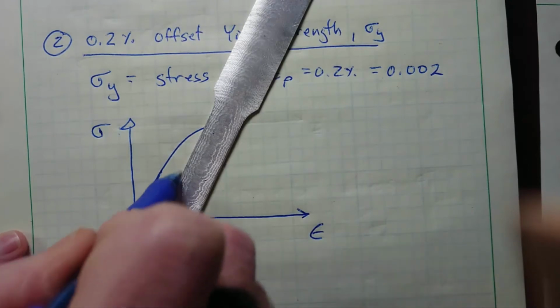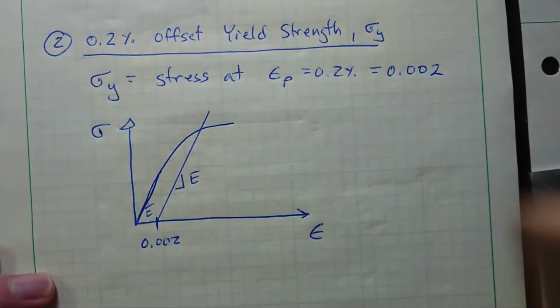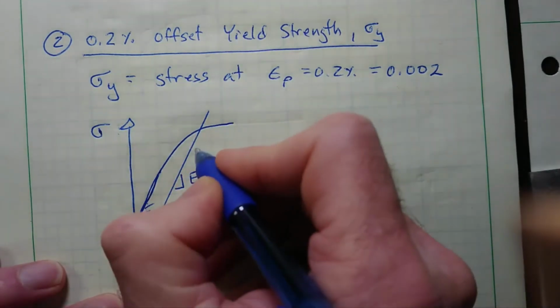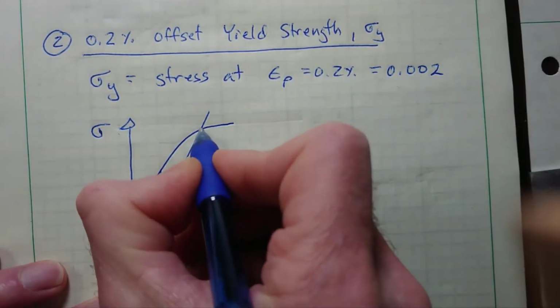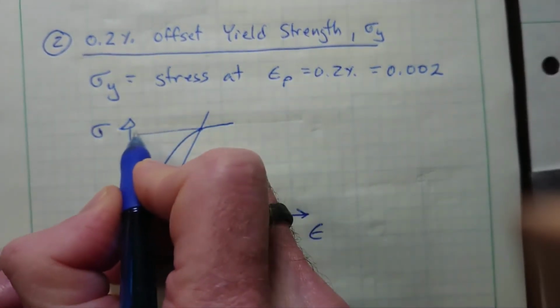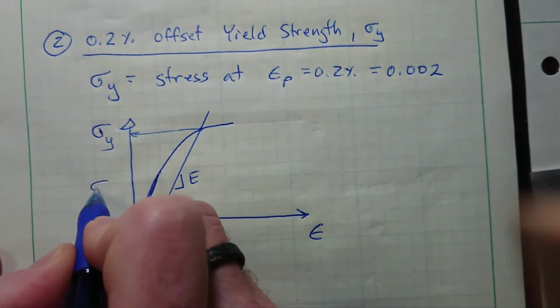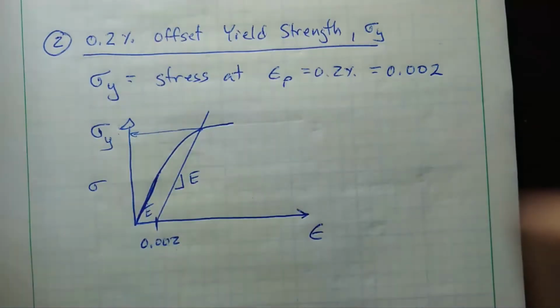And this was always a challenge. Maybe you can do better with some software. And where your line, I didn't do a very good job, but I think it's pretty parallel to that, where that line intersects the stress strain diagram gives you the yield stress, the 0.2% offset yield stress.